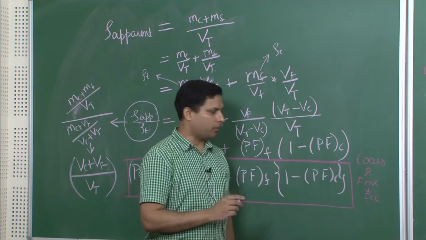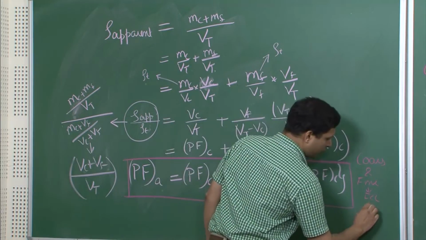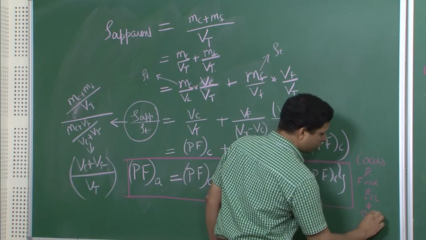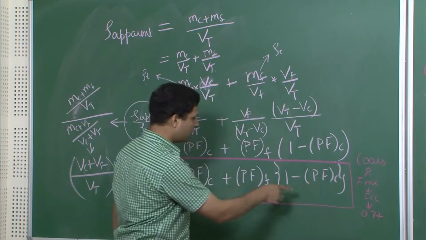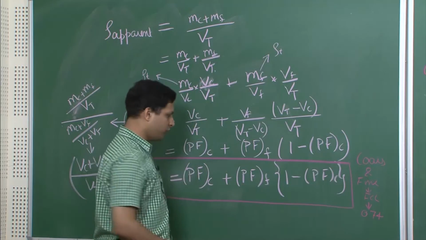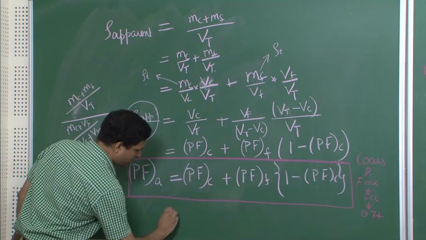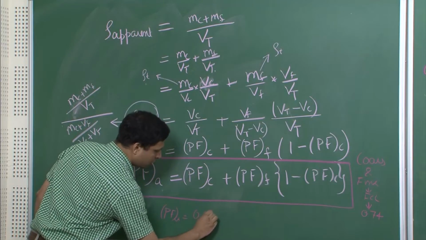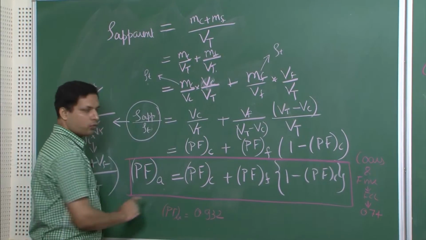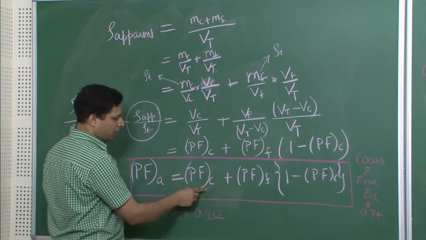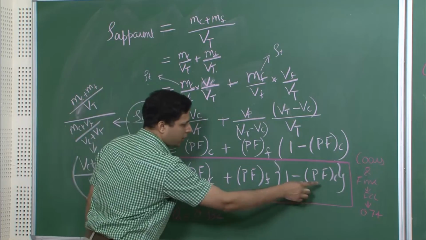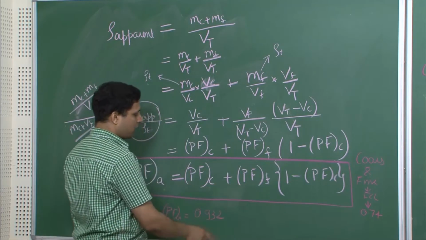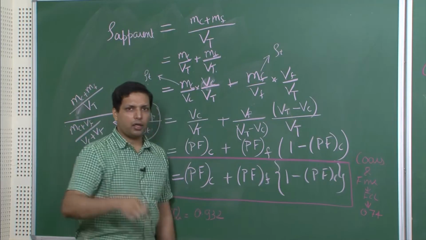Just for the sake of argument we are saying this, and therefore, if you put this value, which is equal to 0.74, both packing fraction coarse and packing fraction fine will become 0.74, and when you put it over here you would see that packing fraction apparent is equal to 0.932. This is just one example. Here you could have any other arrangement for coarse and any other arrangement for fine. You could as well have this as loose random packing, coarse random packing, or both of them simple packing, or anything in between.